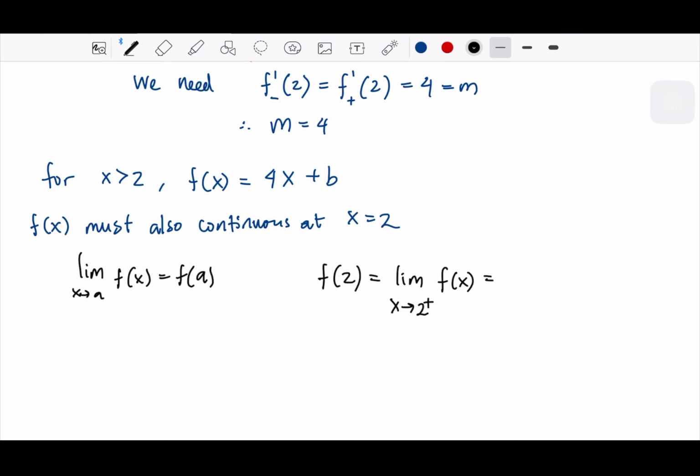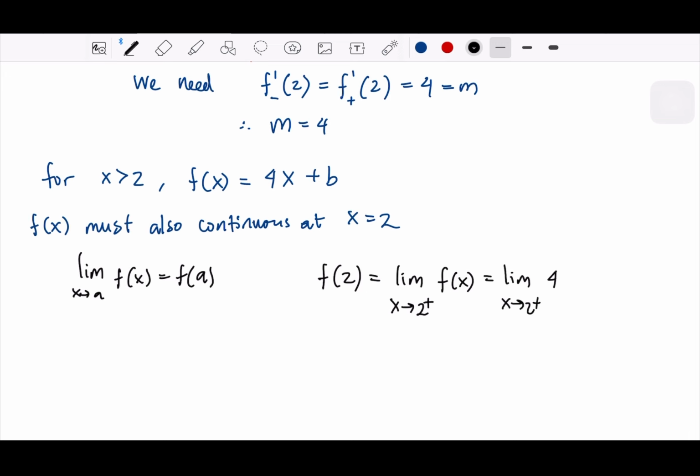Or this is going to be 4x plus b. So we get 8 plus b.